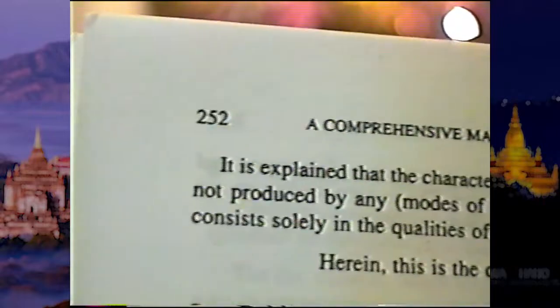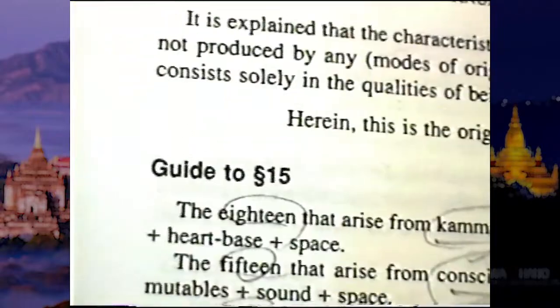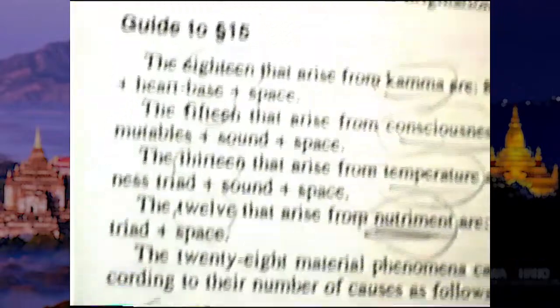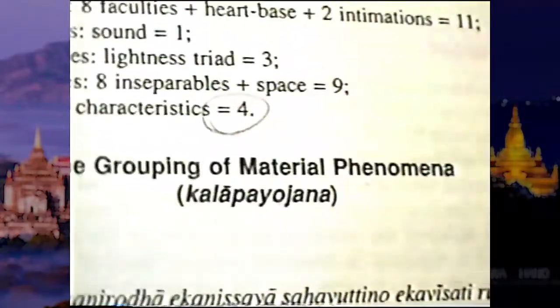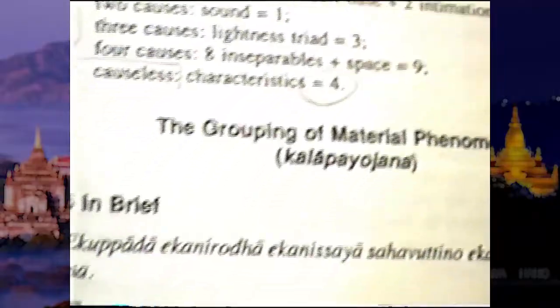So first you must be familiar with these 8 material properties. If you look at the chart, you will see them in Rupa Vibhaga, last but one column, Avinebhoga.